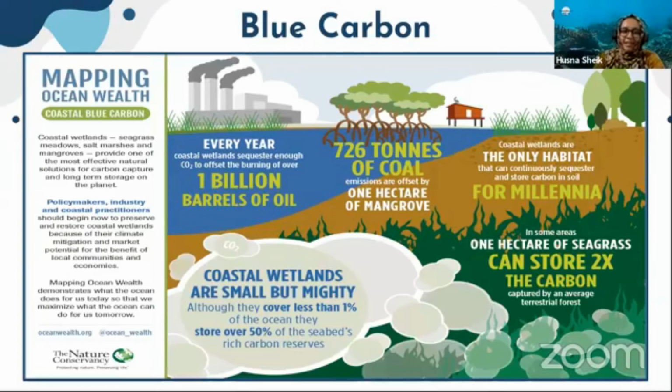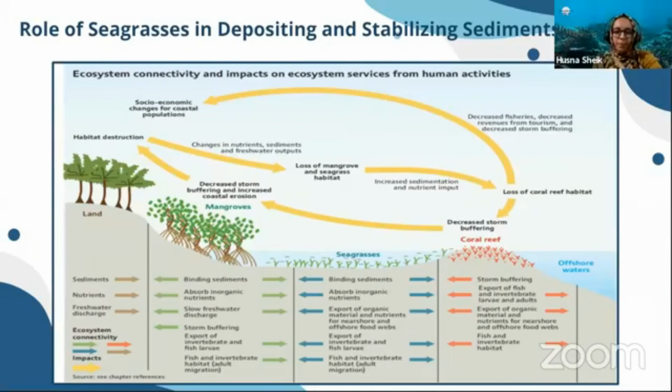Next, here is another picture that describes, from the landward side, usually a mangrove patch, and then the seagrass bed in very shallow water, and then the coral reefs. They exist interdependently. If we disturb one ecosystem, the others will definitely be affected.